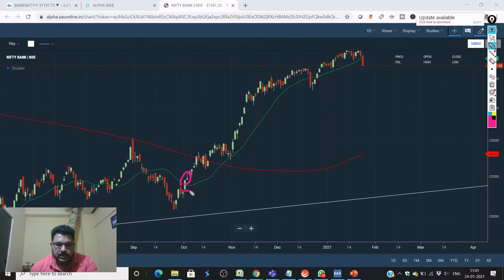Keep your stop loss below this candle or below this swing as a safety, and the price started moving up, holding the 20 period moving average. You could have exited here because it broke the 20 period moving average. Again took an entry here and again exit here. So that is a simple rule you can follow.